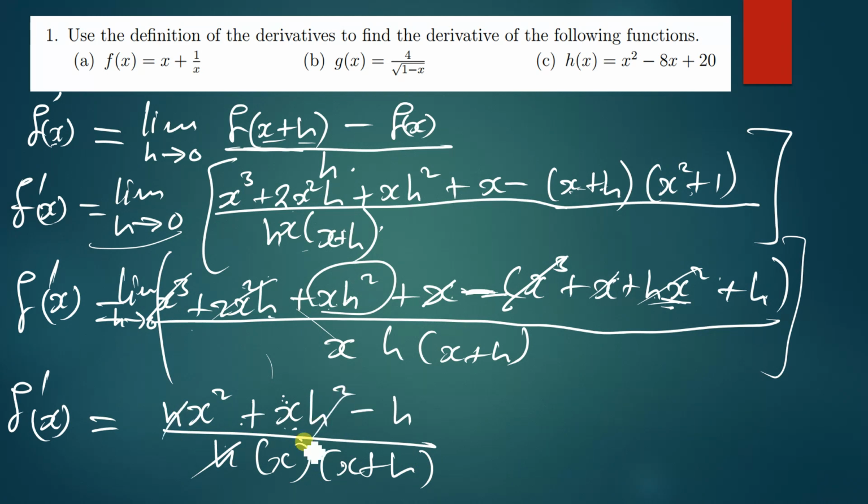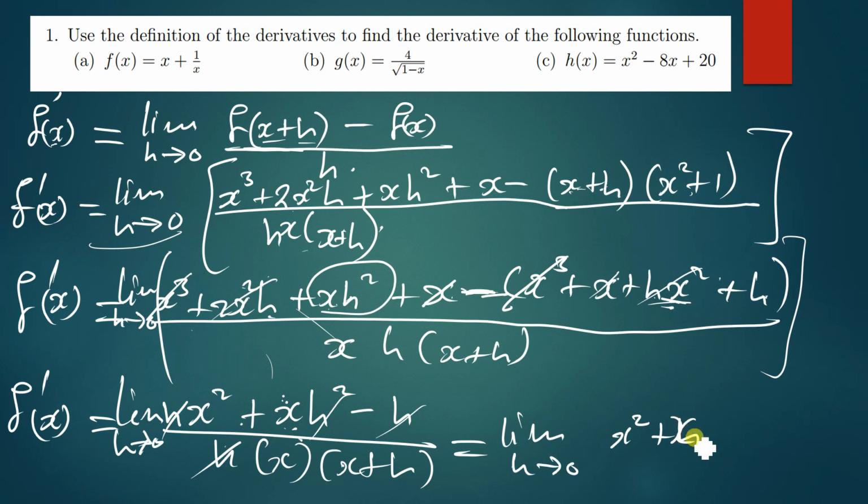This h and h and h and h will cancel. Of course, we have the limit as h approaches 0. So we're just going to remain with the limit as h approaches 0 of x squared plus xh, because one h has gone, minus 1 over, this h has been cancelled, we've just remained with x, open brackets, x plus h.